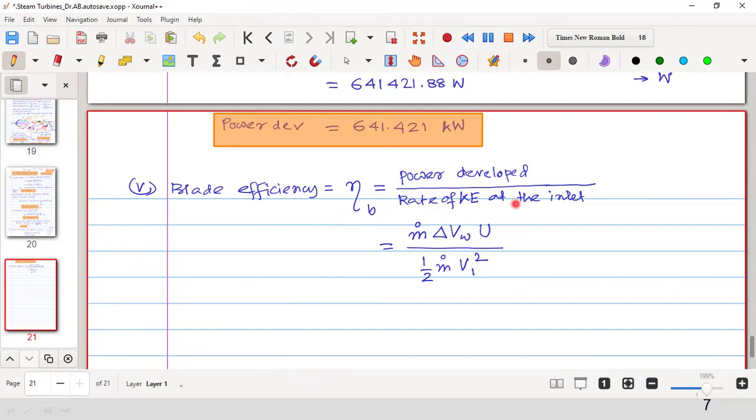Or you can write this as blade efficiency is equal to, mass flow rate cancels, therefore it will be basically 2 delta VW U by V1 square.